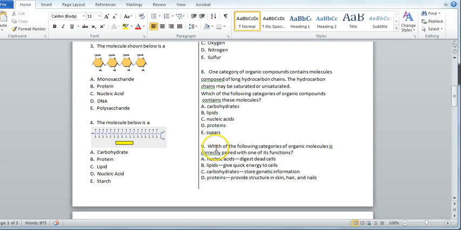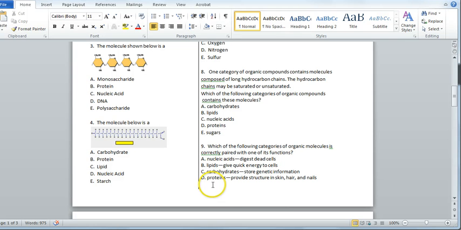Okay, this one. Which of the following categories of organic molecules is correctly paired with one of its functions? Nucleic acids digest dead cells. Lipids give quick energy to cells. Carbohydrates store genetic information. Proteins provide structure in skin, hair, and nails.